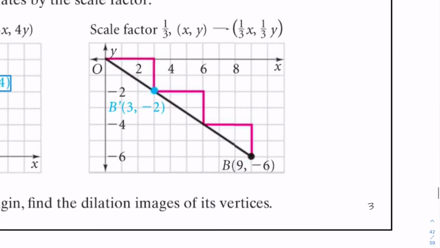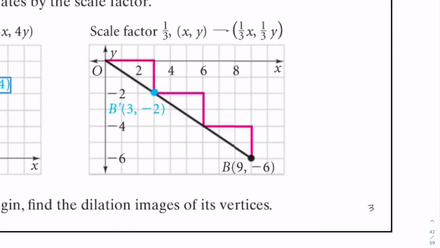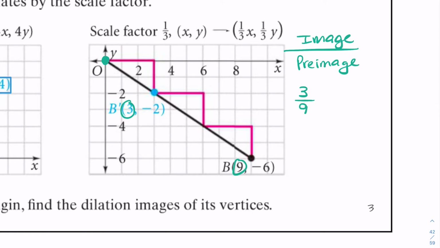For this one, here's our center. We got to be careful. We always got to do image over pre-image. So the image has a coordinate of 3 and 9, and the pre-image is 9.